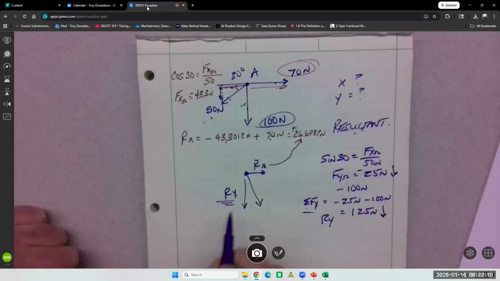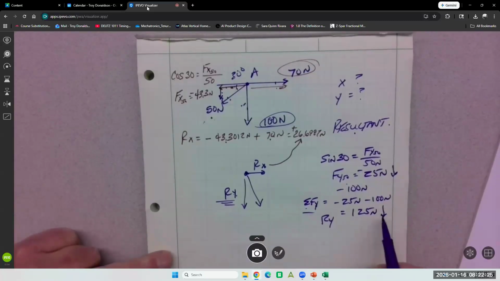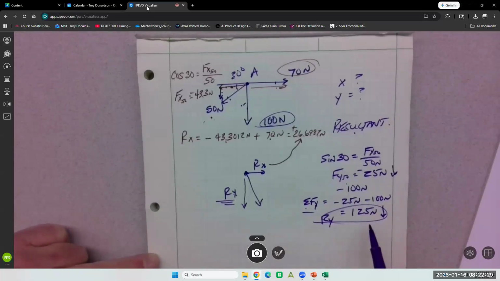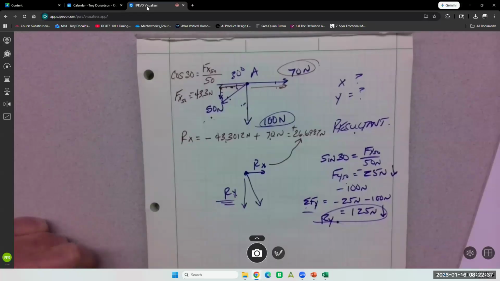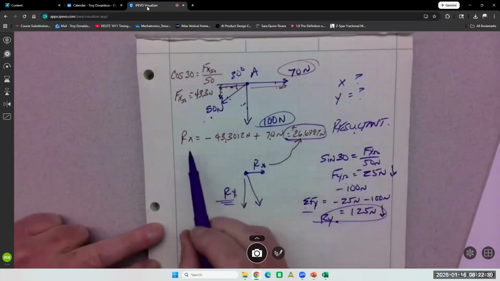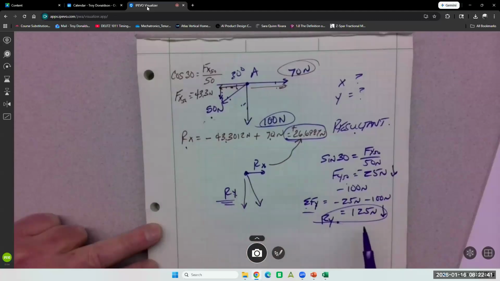So if we just want to know what it feels in the x, what it feels in the y, then we got it. All right, here is the x, here is the y.